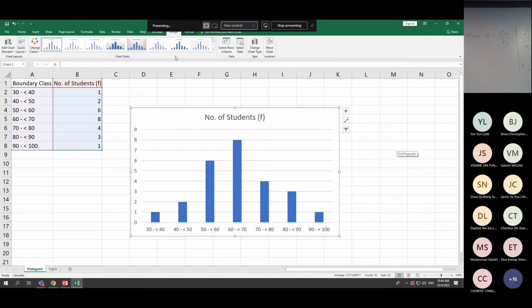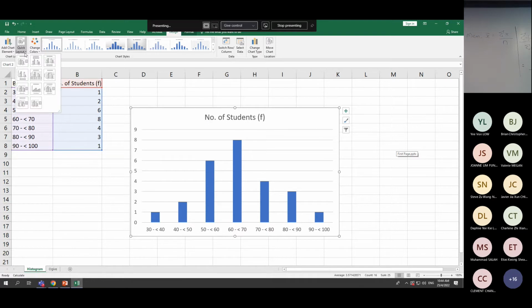Okay, you may find that there are some areas of improvement required in order to improve the presentation of the histogram, because there should be no gap in between 2 classes or 2 bars. So without any improvement, we need to have a better layout.